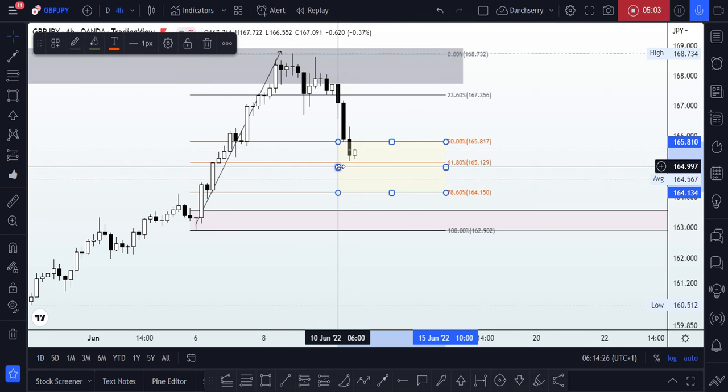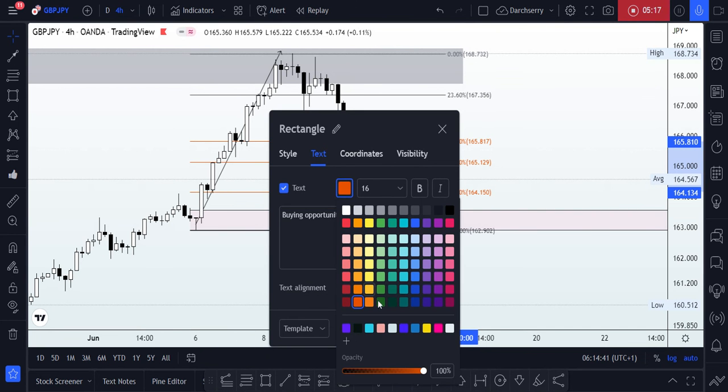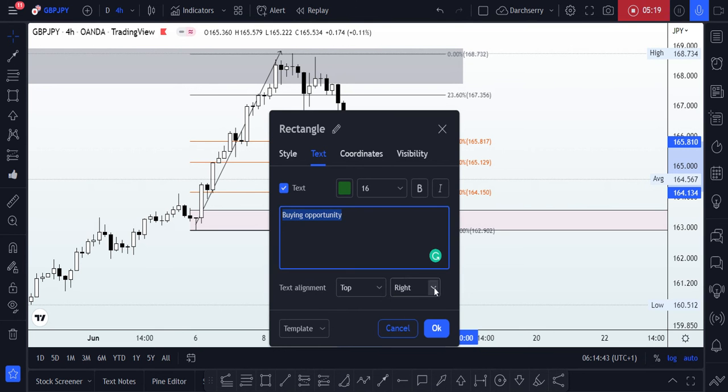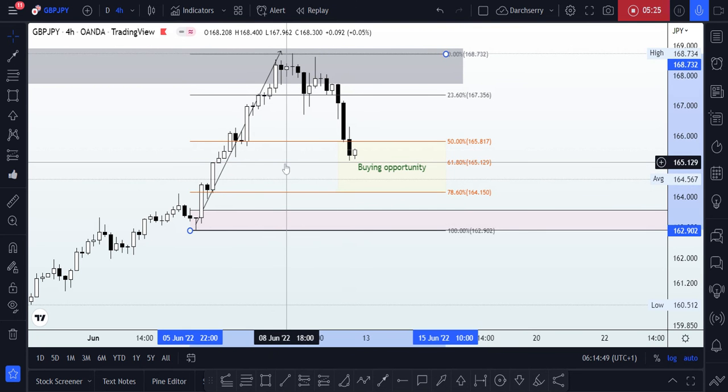So let's label this area for the sake of clarity, as we will be looking for reversal patterns within this area to take advantage of a bullish momentum. So let's place this right in between, and then we'll have something like this.